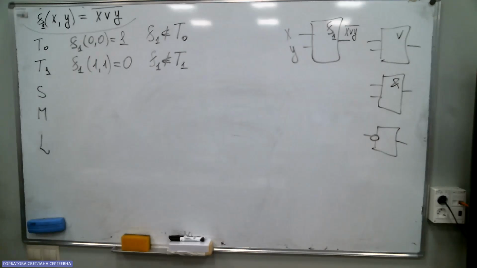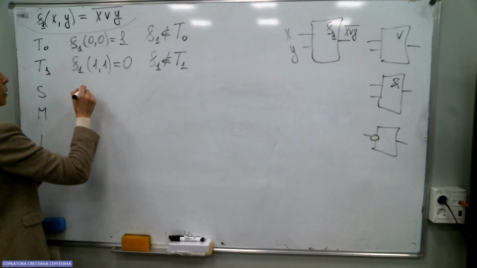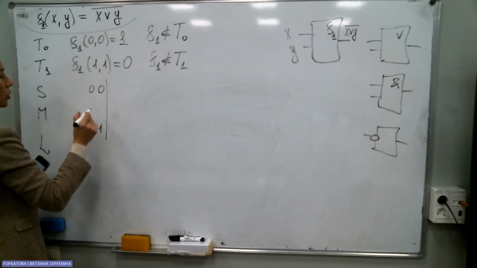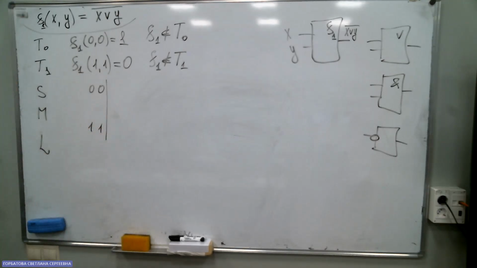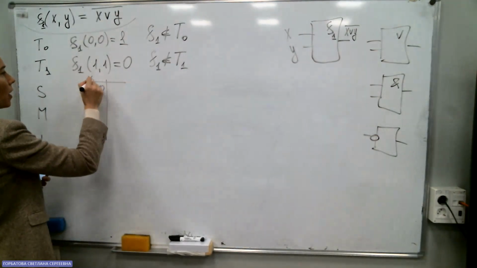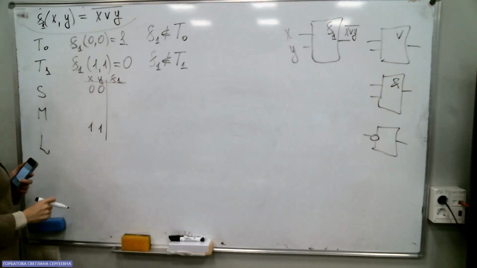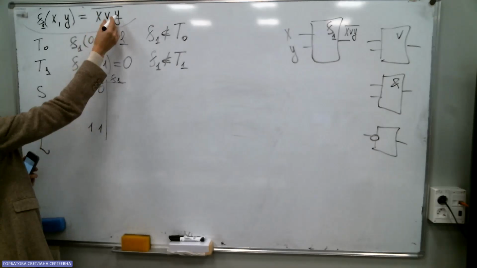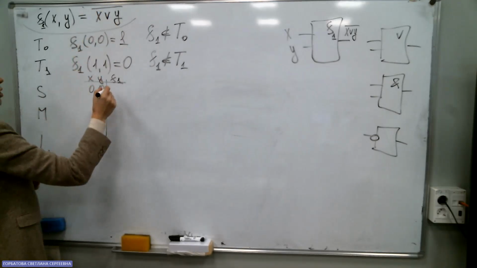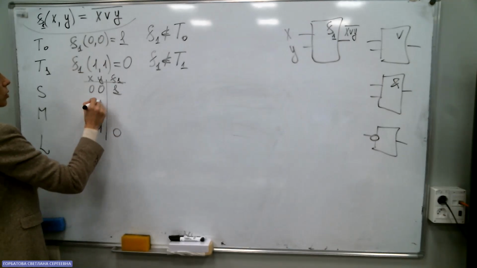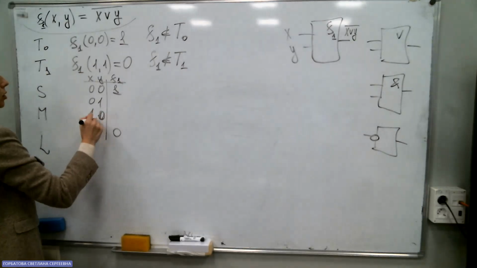So we checked the self-dual class also. In the self-dual class, opposite pairs must have opposite results. X, Y, F1. So it is 0, 0: 0 conjunction 0, all negation is 1. Here, this is 0, 0, 1, and 1, 1, 1, 0.